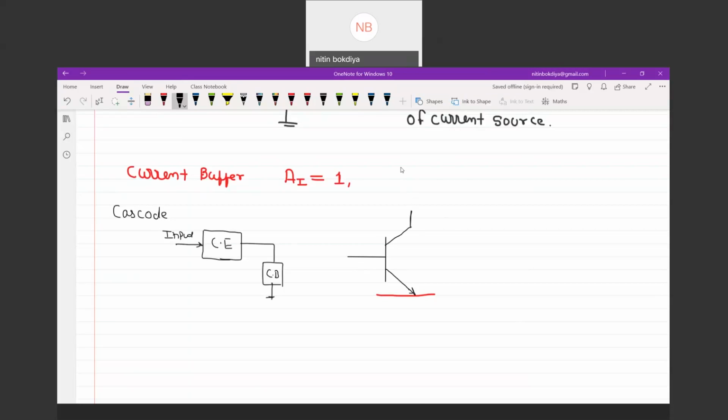Then we have one common base arrangement. The base is connected to ground or a DC. I am drawing the AC equivalent. And this is our collector terminal.